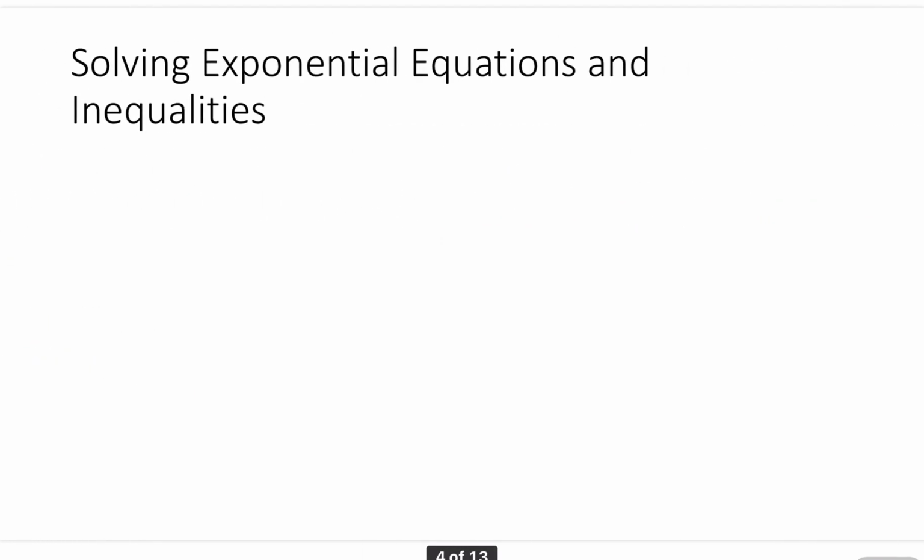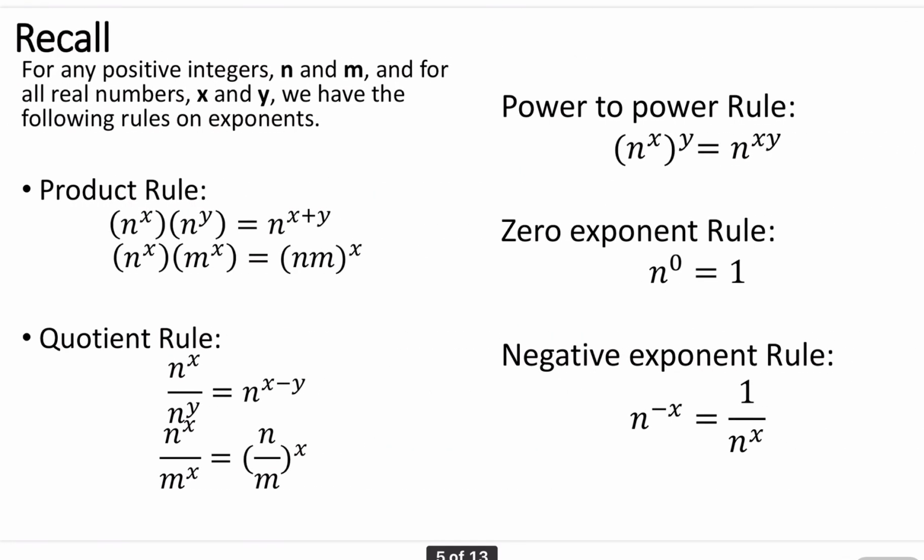Next, let's solve exponential equations and inequalities. So of course, you must review your rules of exponents. Whenever we multiply two exponential forms with the same base, we can add their exponents.